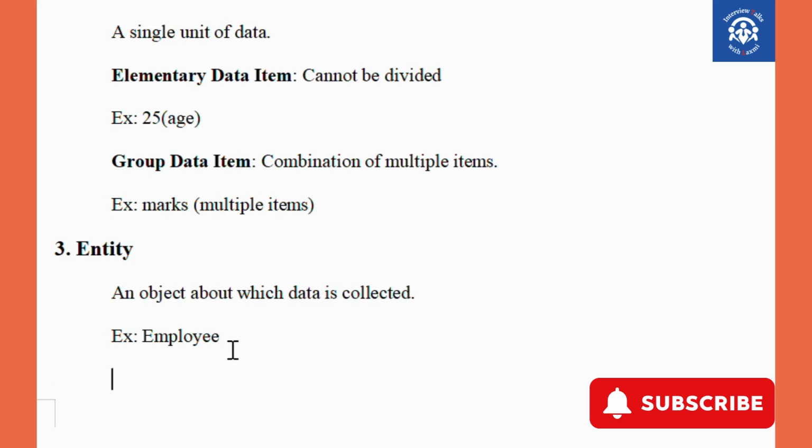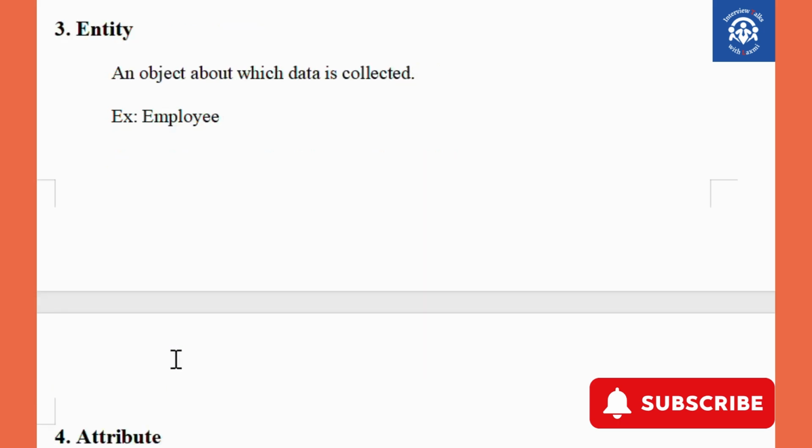So for that employee, we will have a number of categories. We will have an employee ID, and one more category, that is employee name, and we will have a salary, and a date of joining.